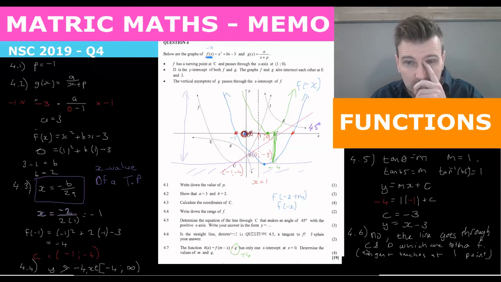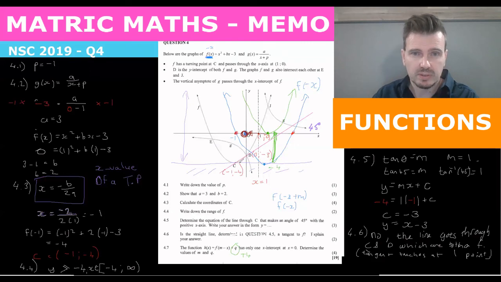Well, we know that the turning point of that C was -1, which means that because it was shifted about the y-axis, the x value of this point here is actually 1.